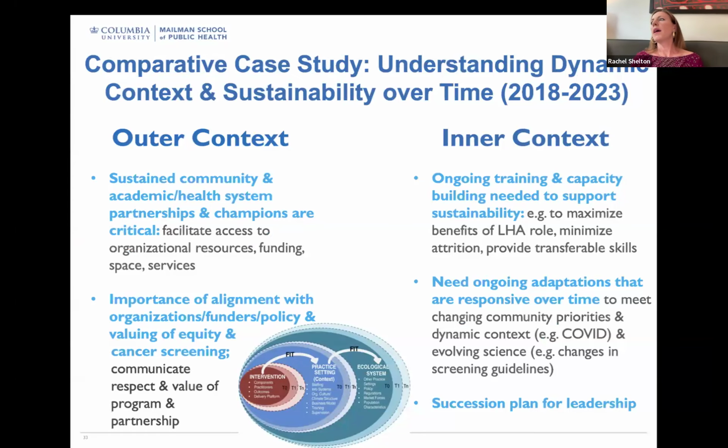So everything from helping provide referrals within the healthcare system for free mammography screening to helping provide space and access to printers or cover gaps in terms of supporting the lay health advisors' time and stipends. So those partnerships that they had with both other community organizations, churches for space, for example, and healthcare system or university partners was critical for those sites that were able to sustain.